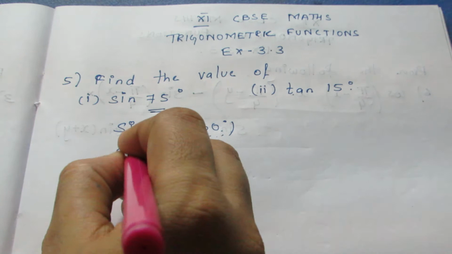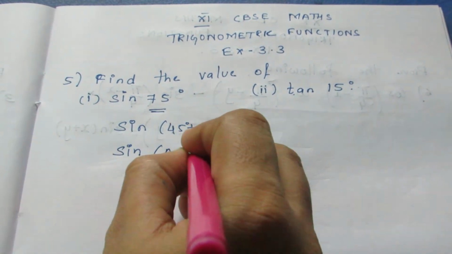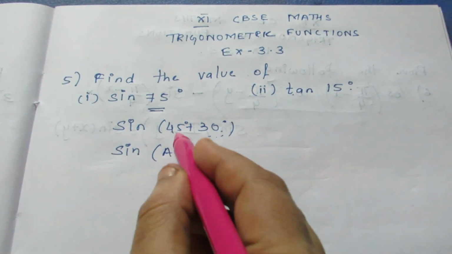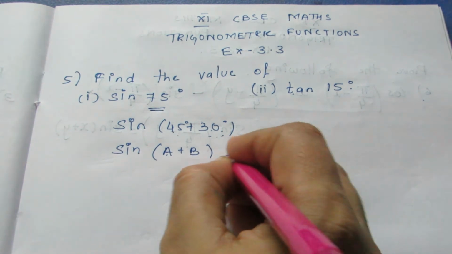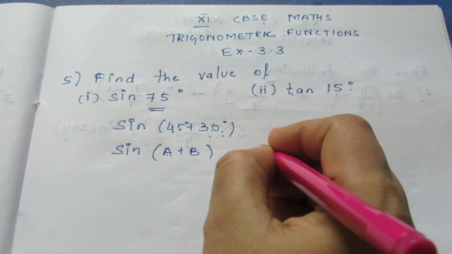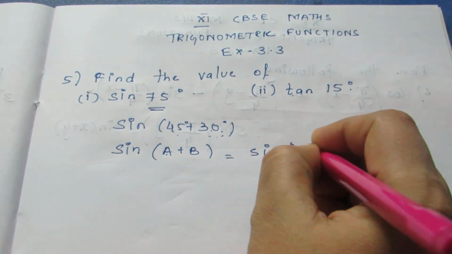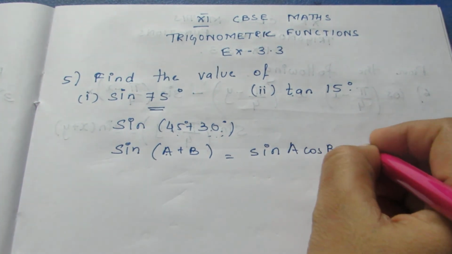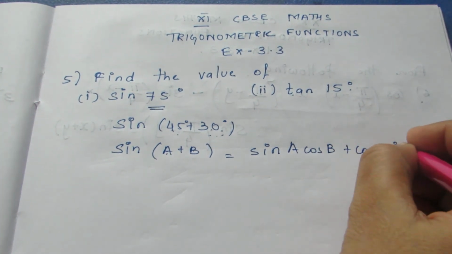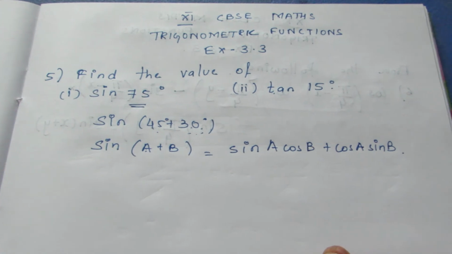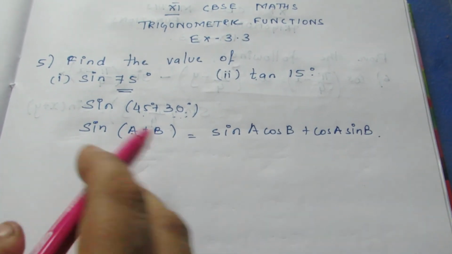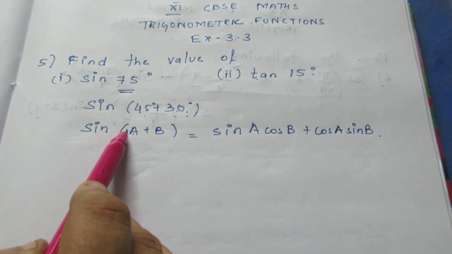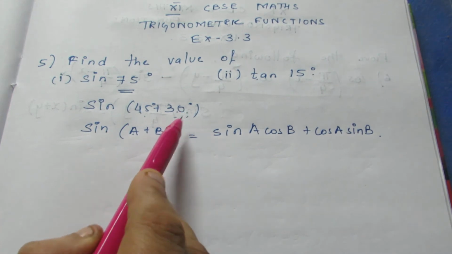This we can write using the formula for sine of A plus B. If A is 45 and B is 30, we know sine of A plus B is equal to sine A into cos B plus cos A into sine B. So this is the identity for sine of A plus B. We know that A is 45 and B is 30.